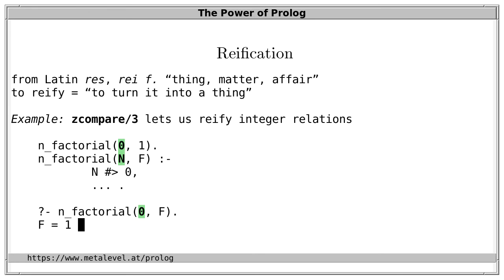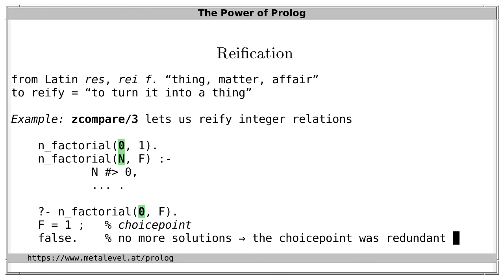And accordingly, we get the solution f is 1 and a choice point remains. And on backtracking, the Prolog system tells us that there are no more solutions. So the choice point was redundant. So ideally, a choice point shouldn't even have been created here.